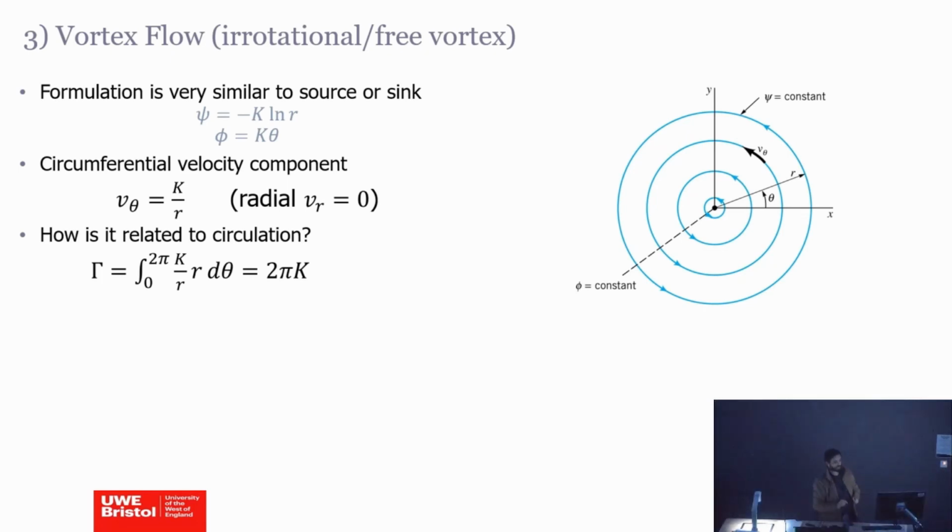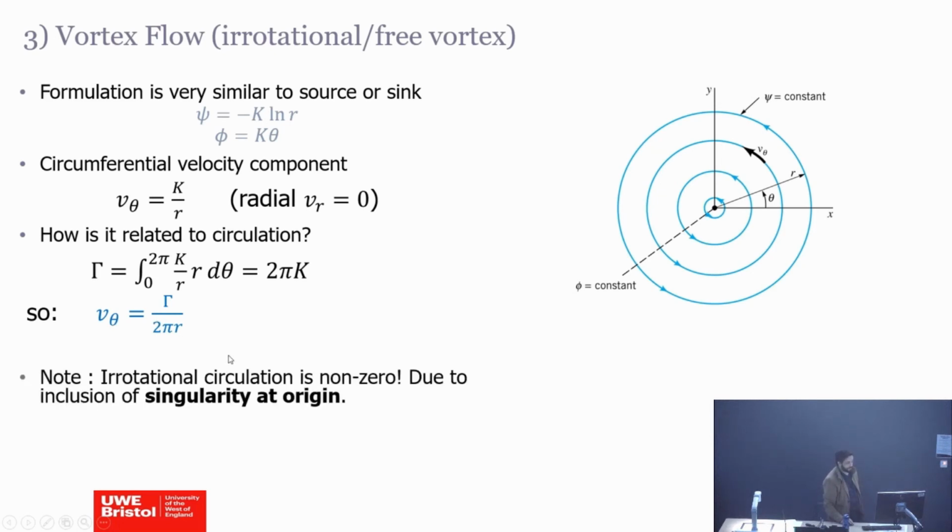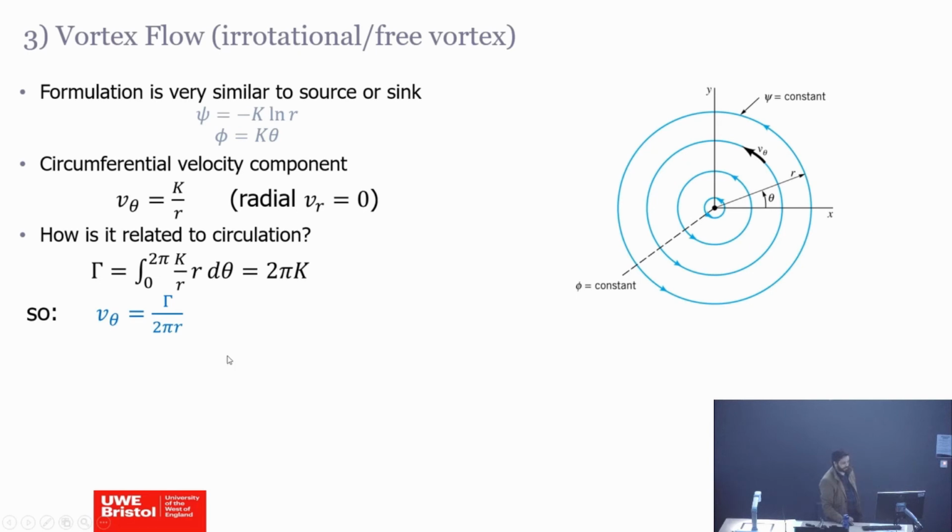I was thinking too much about it. And that's how they are related. So v theta, therefore, before, remember, it was in terms of k, but k itself is the circulation divided by 2 pi. Just substitute for that, and you get the tangential velocity is circulation divided by 2 pi r.